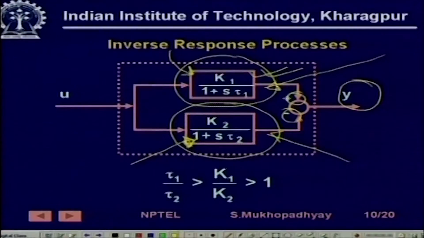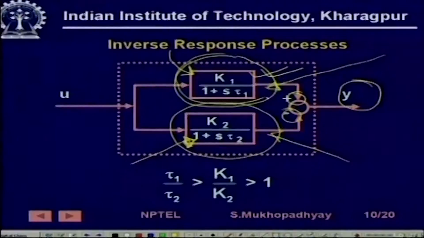That is why it is called an inverse response process, because the response to an input initially you see in an opposite fashion and finally you see in another fashion.